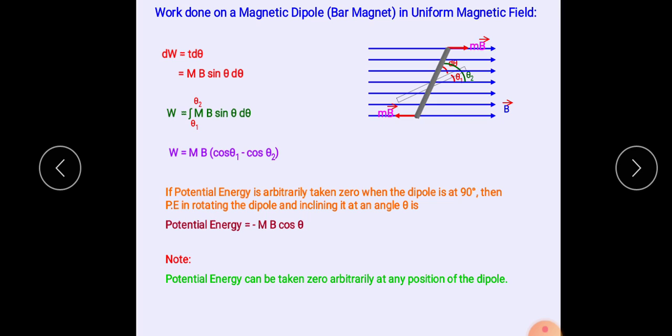Potential energy can be taken 0 arbitrarily at any position of the dipole.